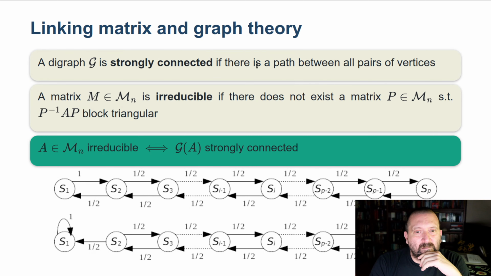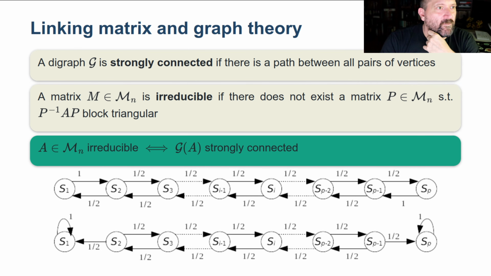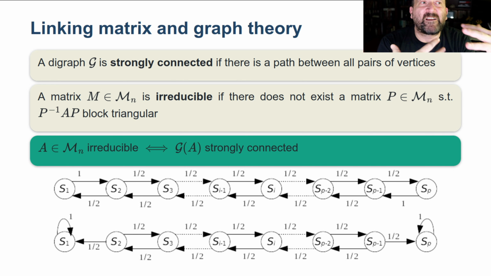Now, one remark that I remarked on already, but let me say it again. In discrete time Markov chains in particular, but this is not the only place where you will see that, there's a nice relationship between some linear algebraic properties and some graph theory properties.